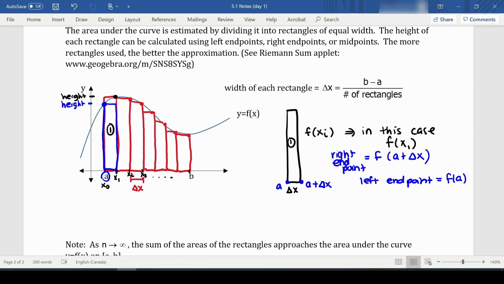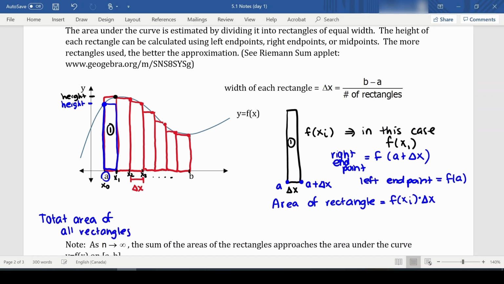So the area of one rectangle is still length times width, but in this case, my length is f of xi, and my width is delta x. The total area of all rectangles will be the sum of all these things added up.